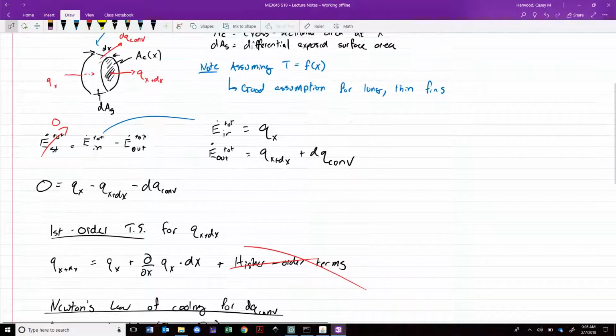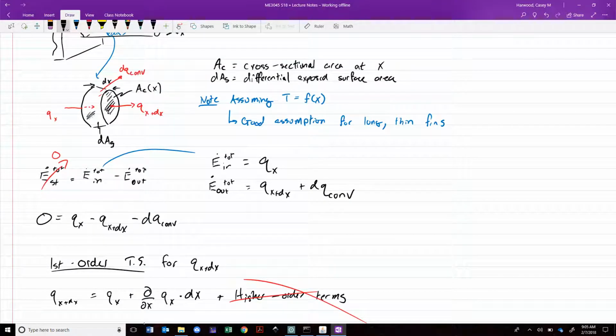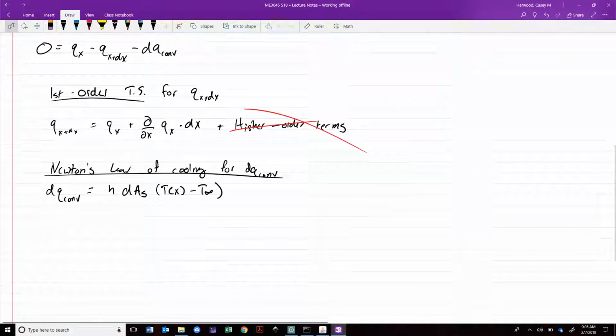Where dAs is this exposed surface area that is losing heat, or losing heat by convection.